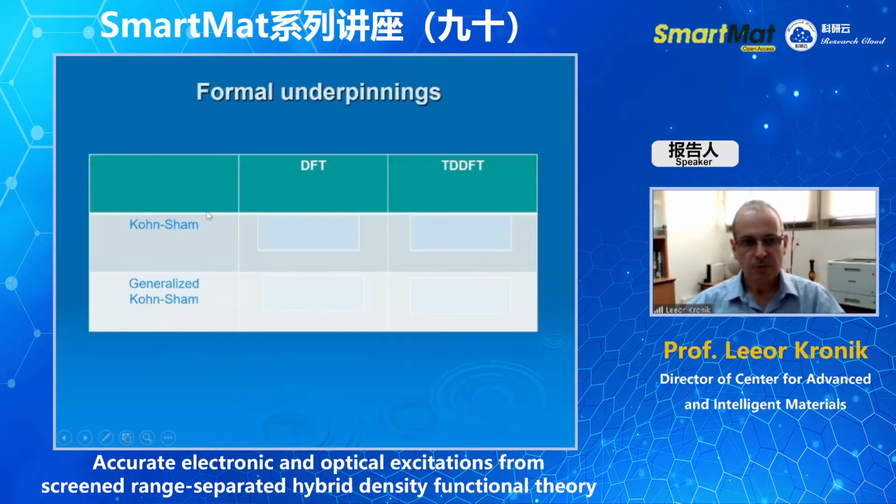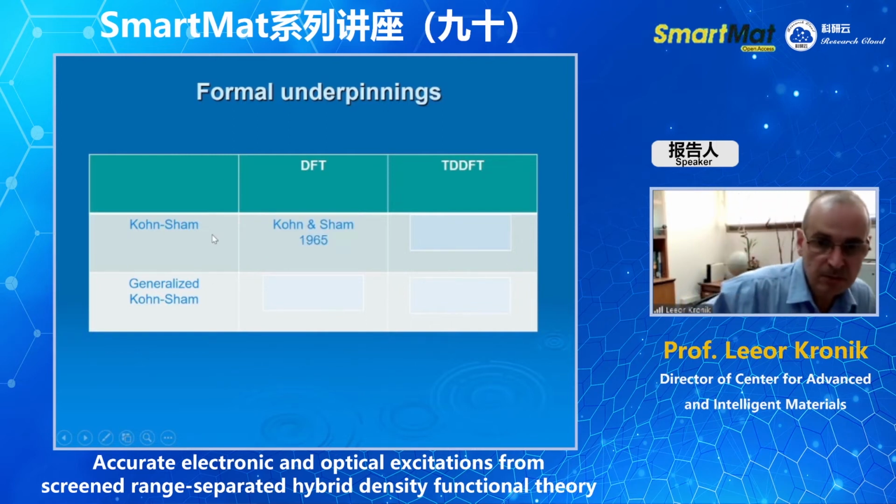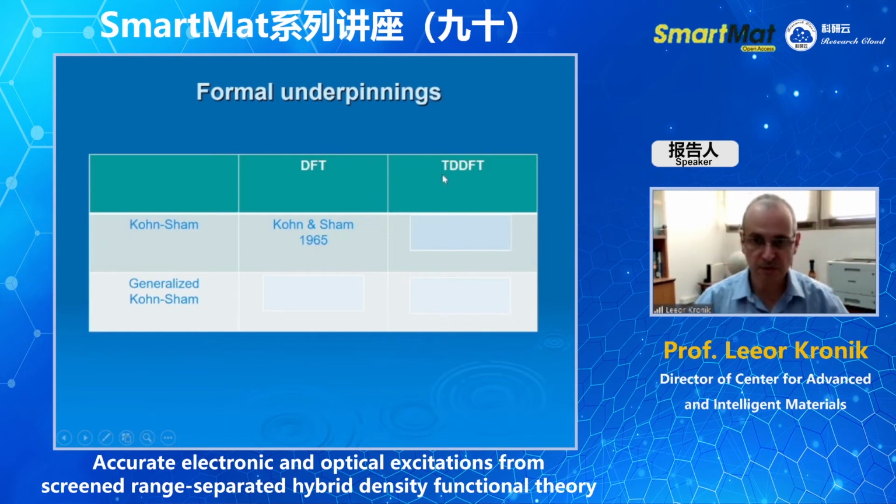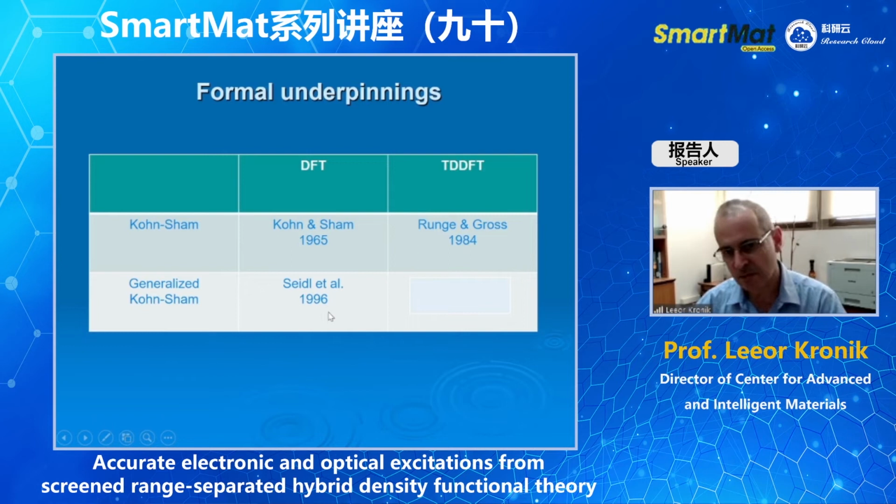Okay. So just a quick word on the formality. I already showed you that DFT is basically underlined theoretically by the Kohn-Sham equation from 1965. This has been extended to the time-dependent domain by Runge and Gross in 1984. I also mentioned that one can go from Kohn-Sham to generalized Kohn-Sham to non-multiplicative operators, as shown by Seidel et al. in 1996.